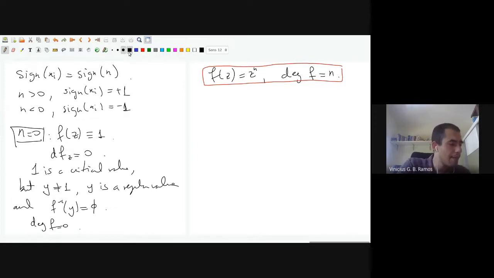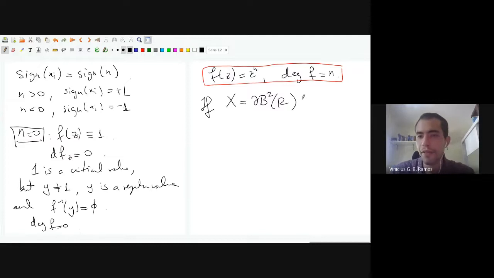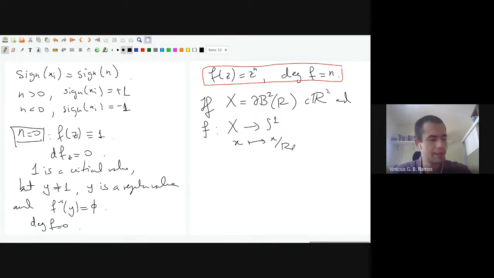Okay, so that's interesting. Let me say one more thing, which is that if x is, for example, the boundary of any ball of radius r, it doesn't have to be the unit ball, then we can consider a function very similar to this, but taking z to the n divided by r.